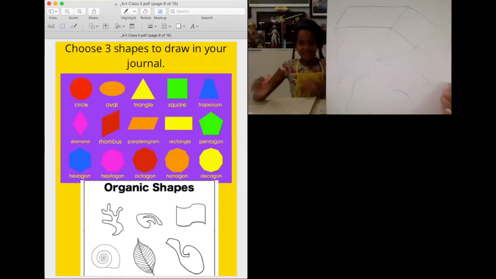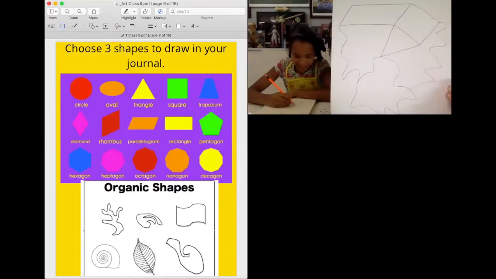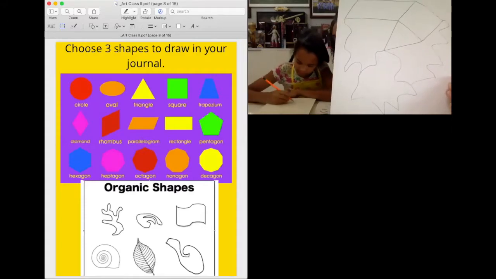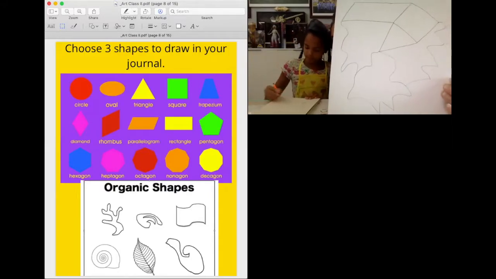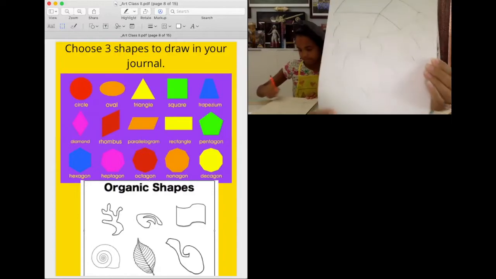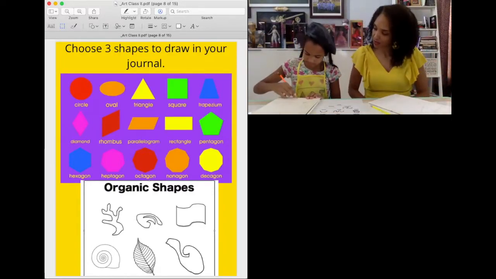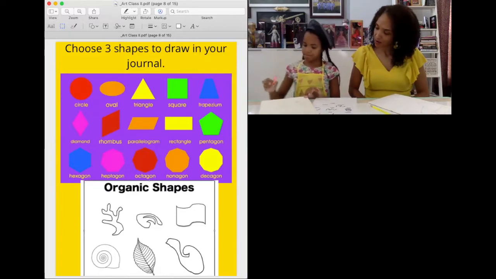I like it. I have some zigzag lines in there, the kind of lines you see. Some curvy lines and wavy lines, all connected together. So I decided to put mine together. How are you doing yours? Wow.